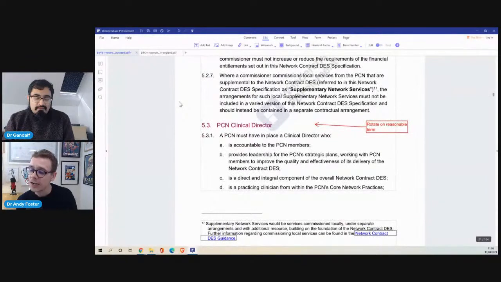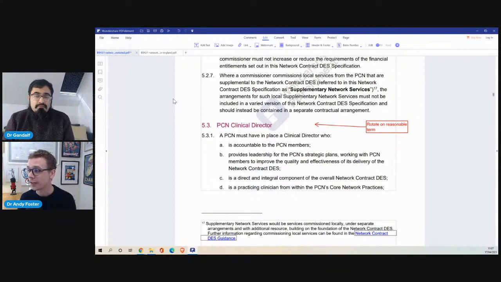So section 5.3, we just made a note on, hadn't we, Gandhi? Just to remind people, because we're two years-ish into the primary care network project, and clinical directors have been in post. Some will have changed their clinical directors, and actually in Nottingham, one of our PCNs is in the process of refreshing and changing its clinical director at the moment.